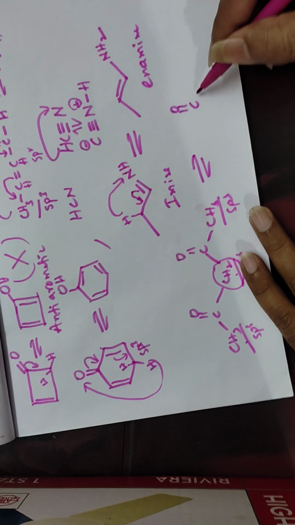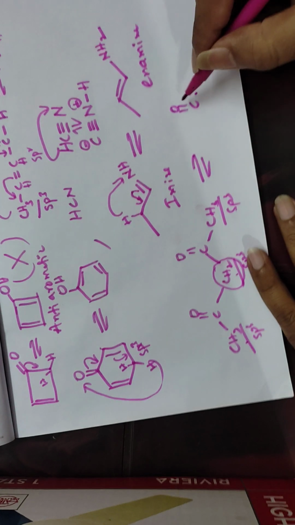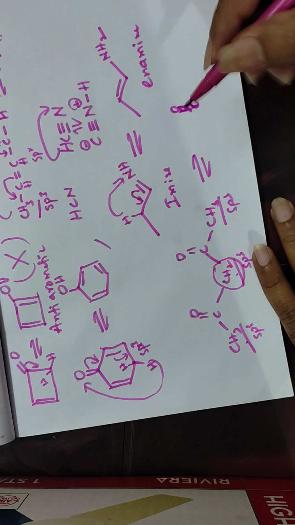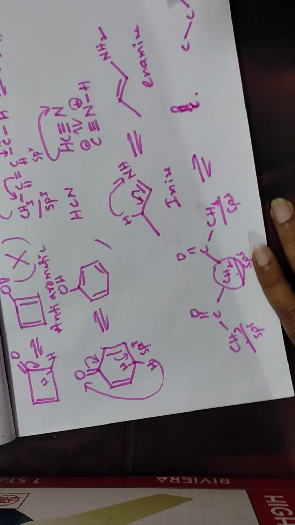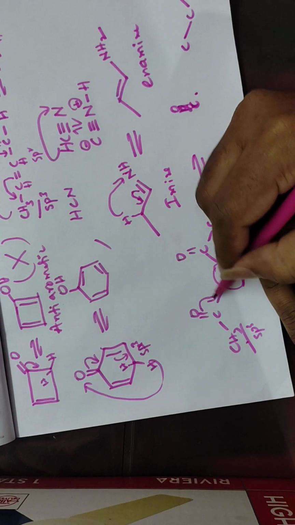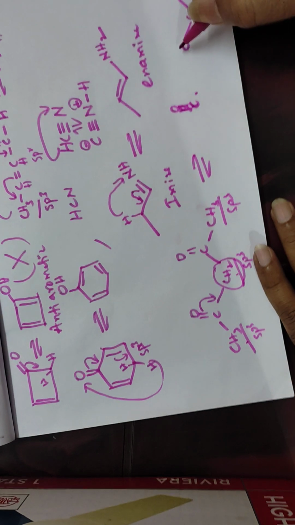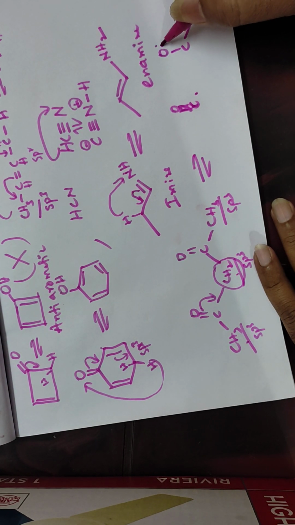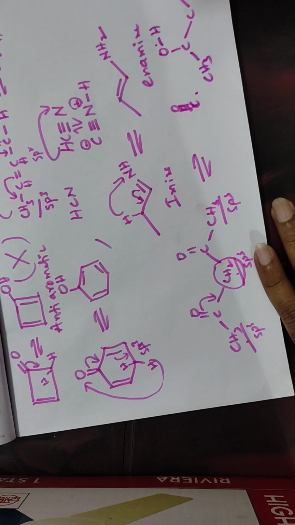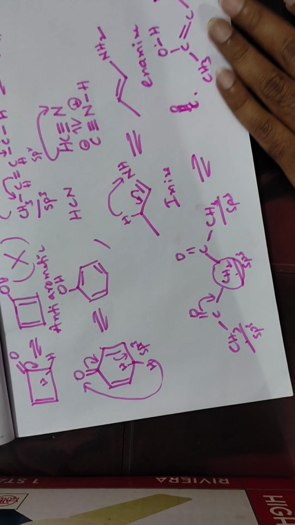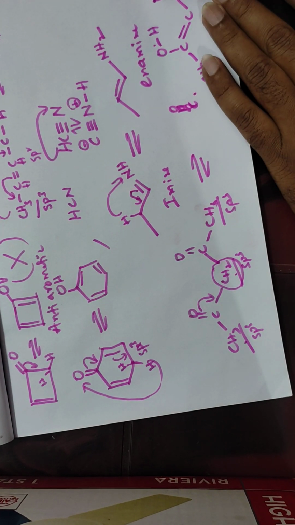So due to that reason, you see here how it will convert. C double bond O. Wait, sorry. This hydrogen, this double bond shifts to here, this proton transfers to oxygen, then OH. This is CH3 only, and here it gets a double bond, and here C double bond O, CH3.